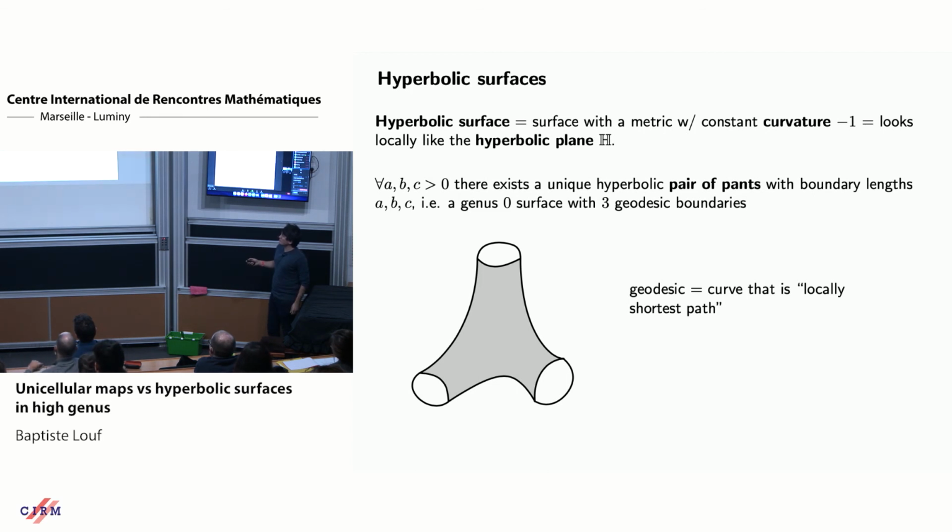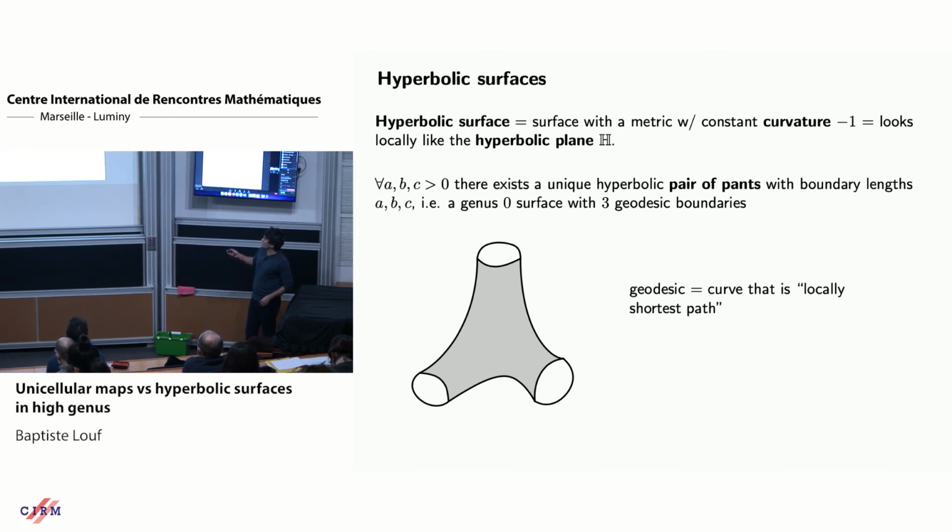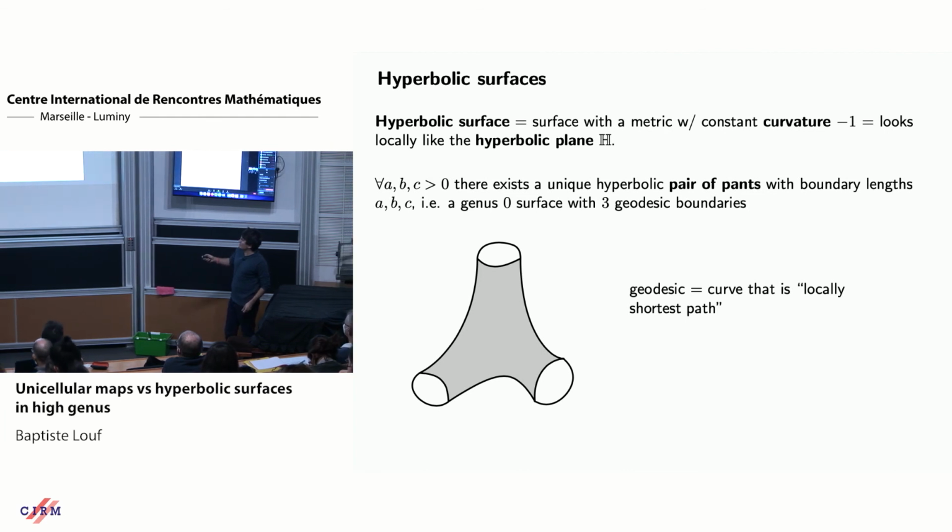And there's a theorem that if I prescribe 3 strictly positive real numbers, there is a unique hyperbolic pair of pants with geodesic boundary lengths given by A, B, and C. And what I mean by geodesic, roughly speaking, is a curve that is a locally shortest path. So you can't find a shortcut very close to your curve. Okay, so that's for the pair of pants.